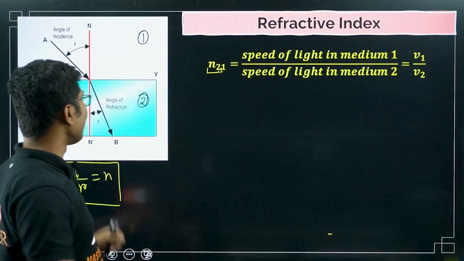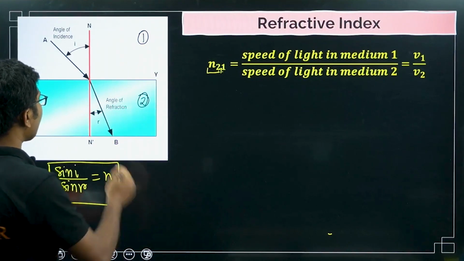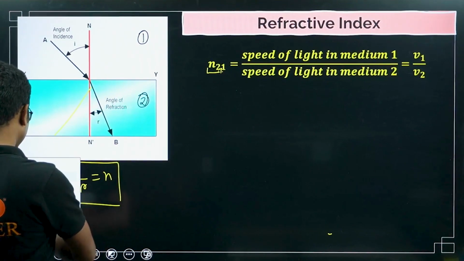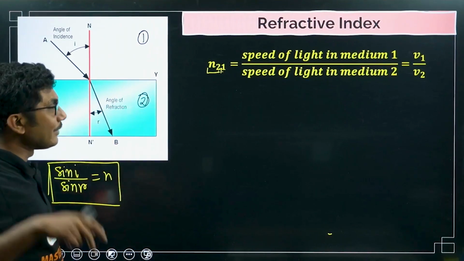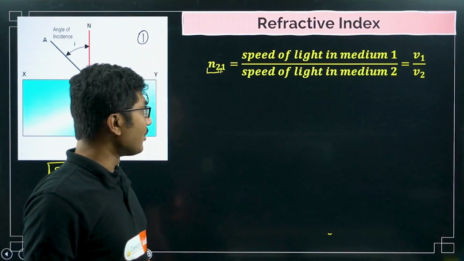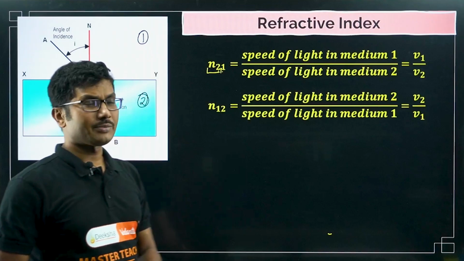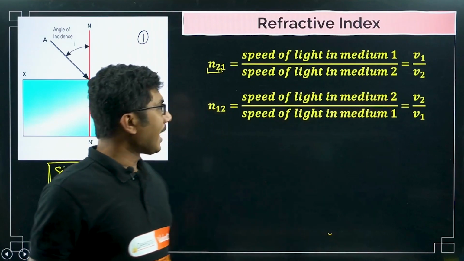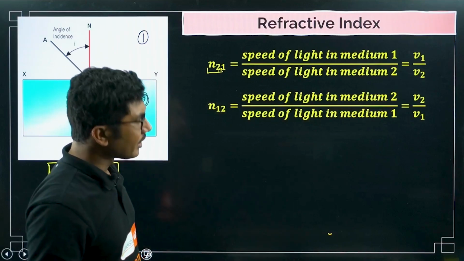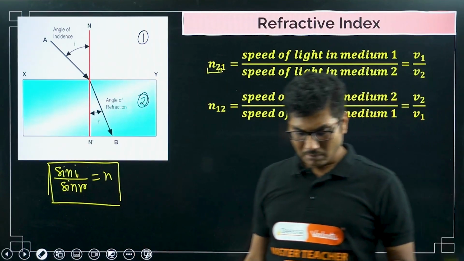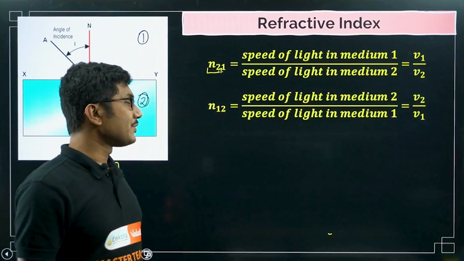Now if you want to reverse this, suppose you want to make a ray travel from the second medium to the first medium, then you can define the refractive index of the first medium as well. The refractive index of the first medium with respect to the second medium is the speed of light in medium 2 divided by the speed of light in medium 1, that is v2 by v1. These things are complicated and difficult to remember, even though sometimes they come in handy.